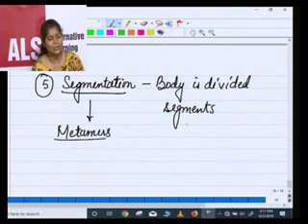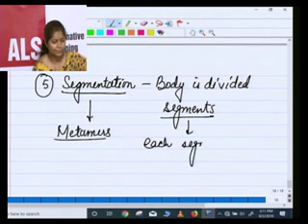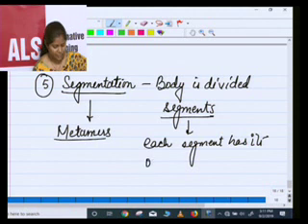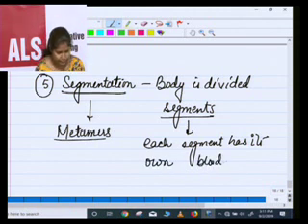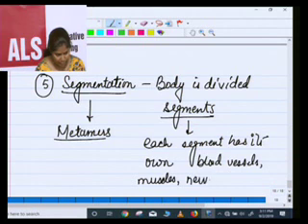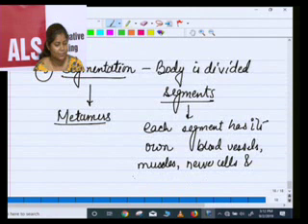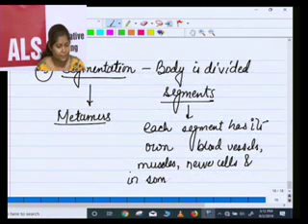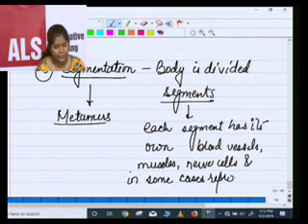Now the advantage of having segments is that each segment has its own blood vessels, its own muscles, its own nerve cells, and sometimes, not always, in some cases, reproductive organs also.